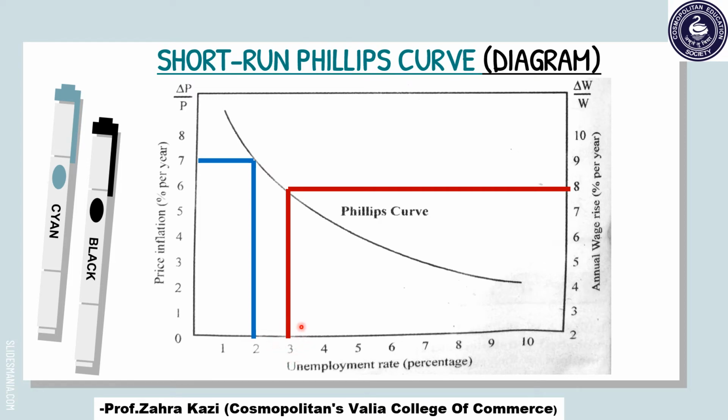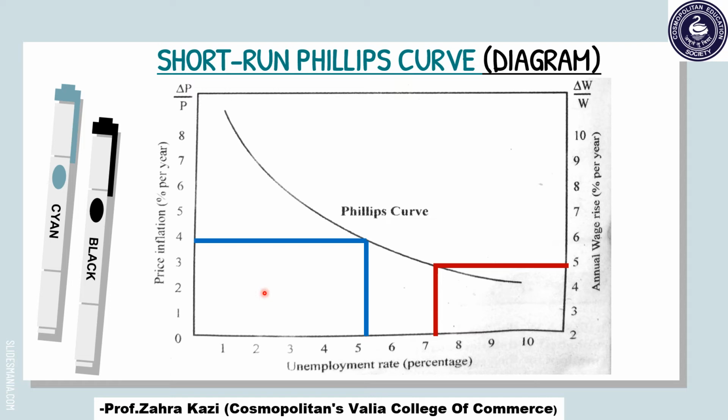So students, this clearly shows that there is an inverse relationship between inflation and unemployment, and also between wage rate increase and unemployment rate. So it clearly shows that if the inflation rate or wage rate is on a higher side, then the unemployment rate is on the lower side.